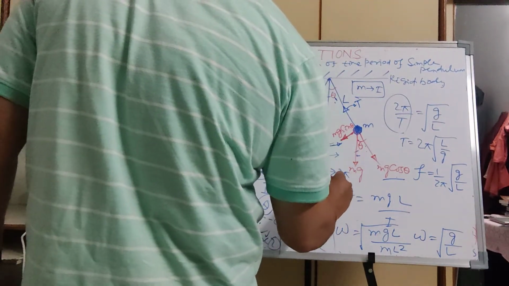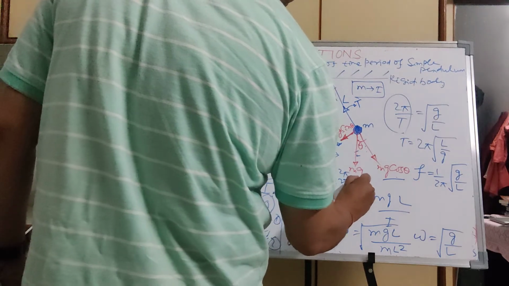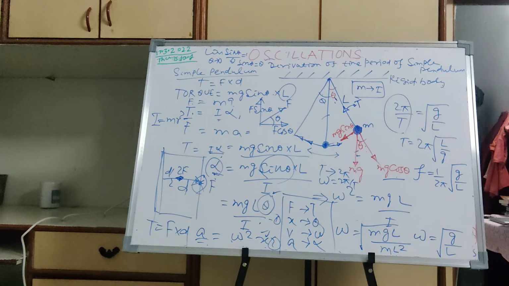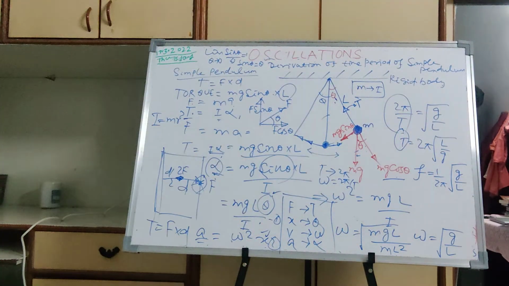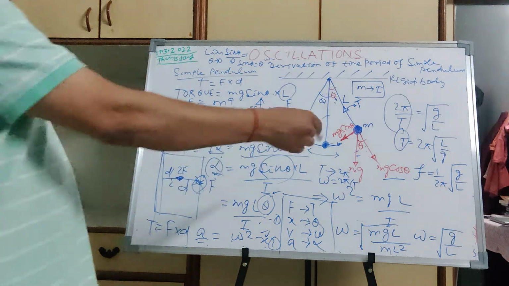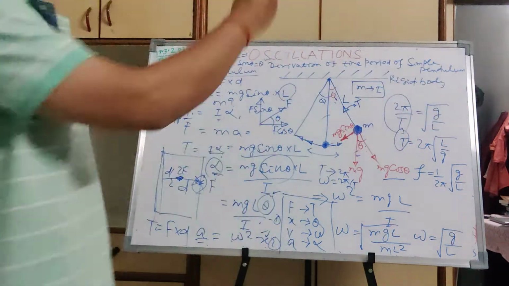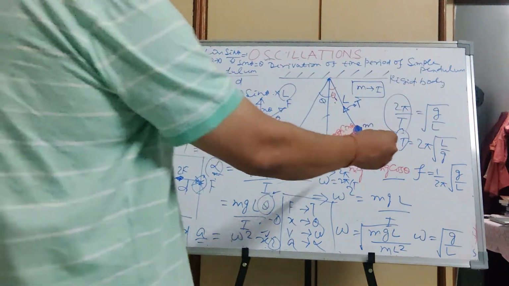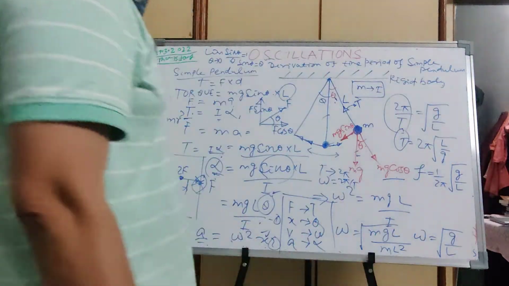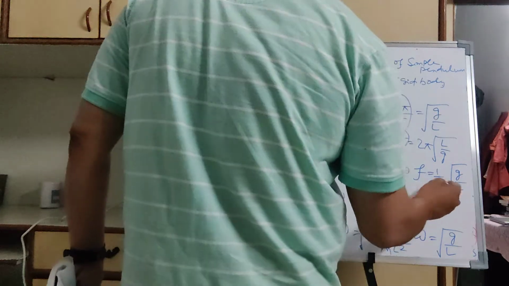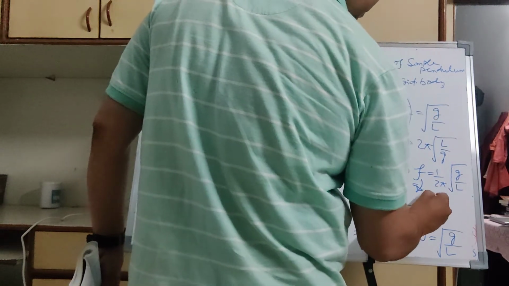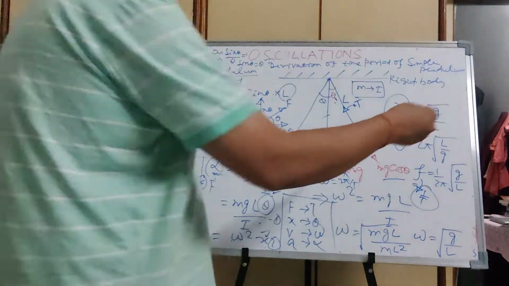That means angular velocity is equal to 2 pi by T. So 2 pi by T is equal to square root of g by l. Then time period T is equal to 2 pi square root of l by g. Just remember this. Frequency is just the reverse of time period, which is 1 by 2 pi square root of g by l.